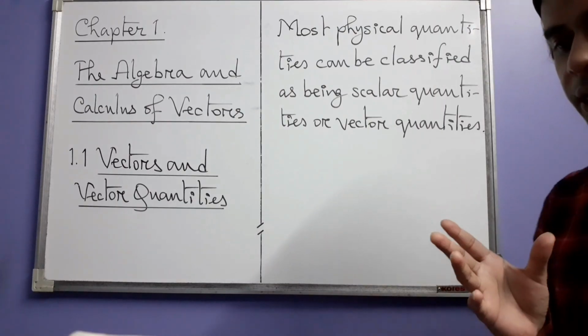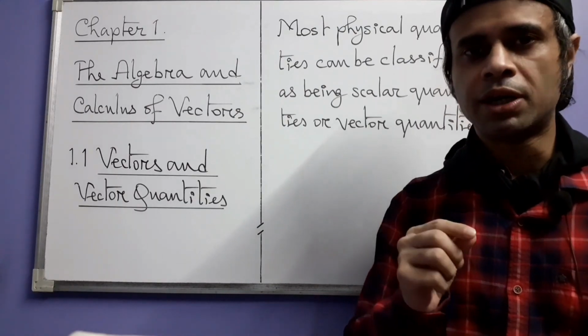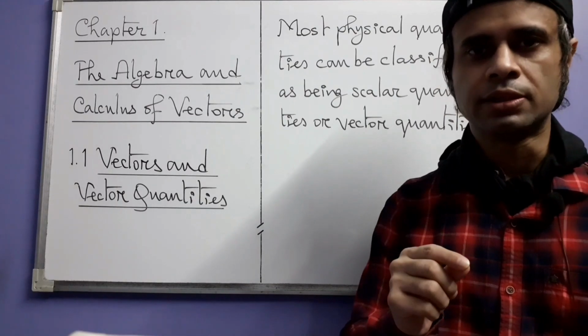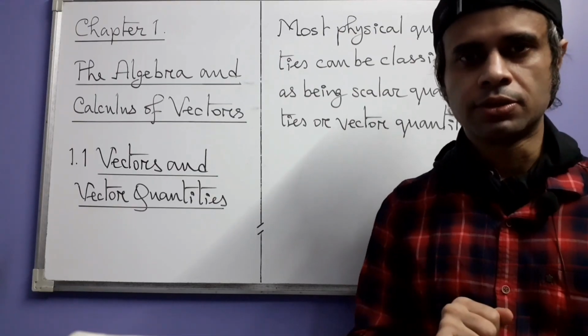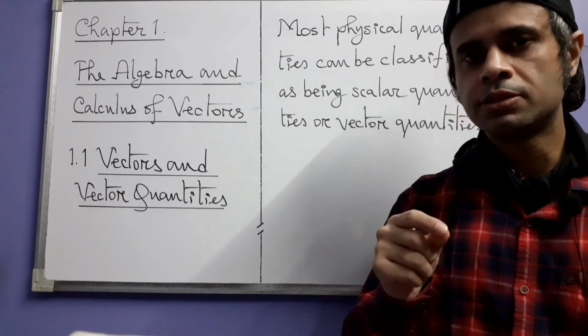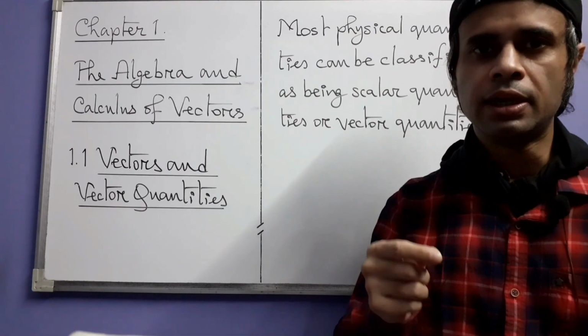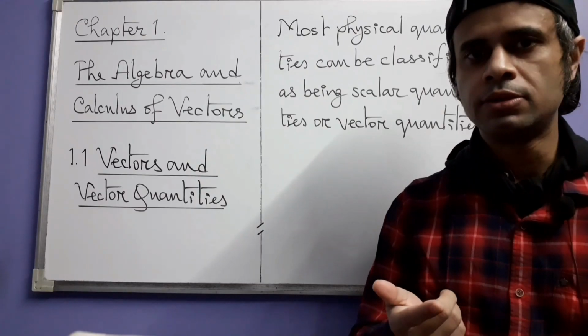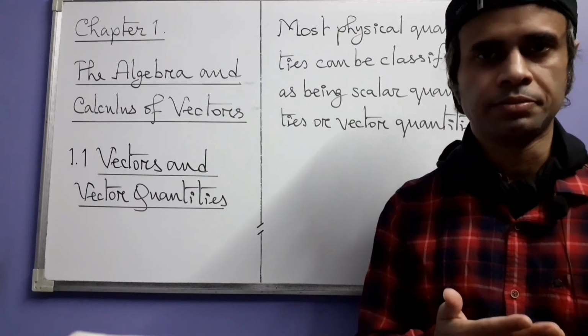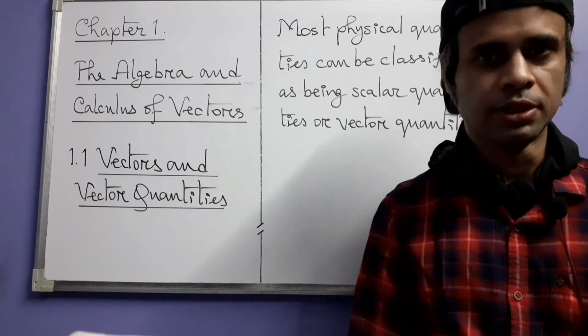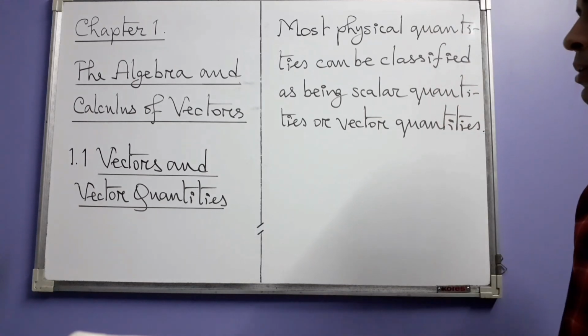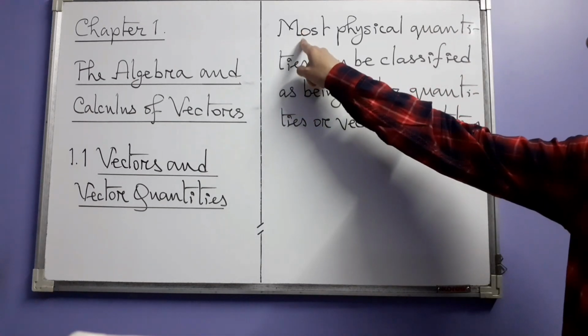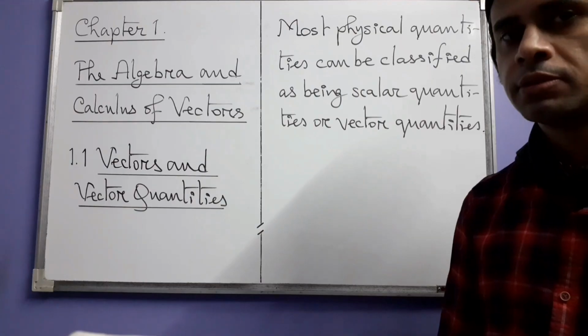A scalar quantity needs only a number for its complete specification, besides the unit of course, but to completely specify a vector quantity you need a number which is its magnitude as well as a direction, and there is a unit as well. But you concentrate on this first word, most.